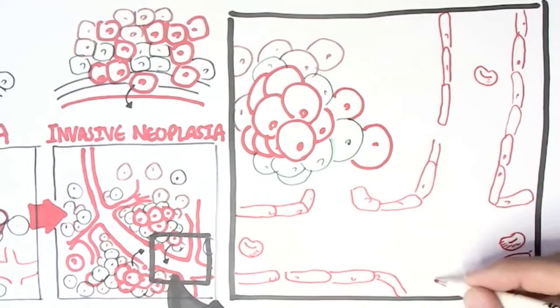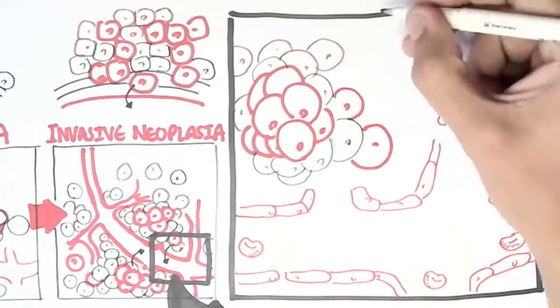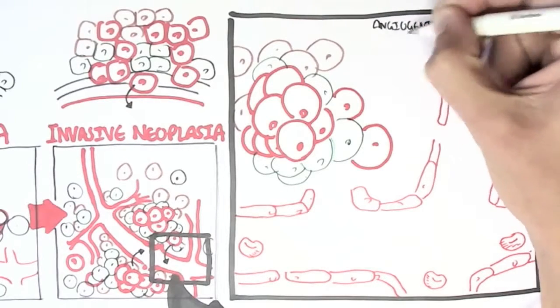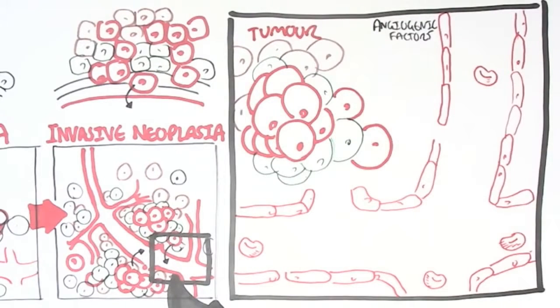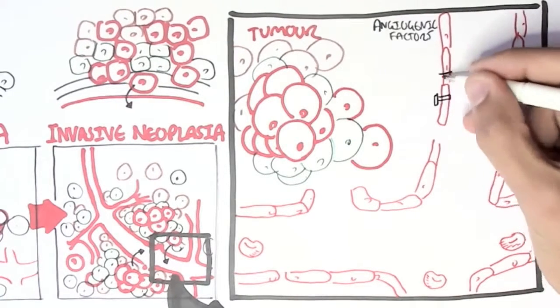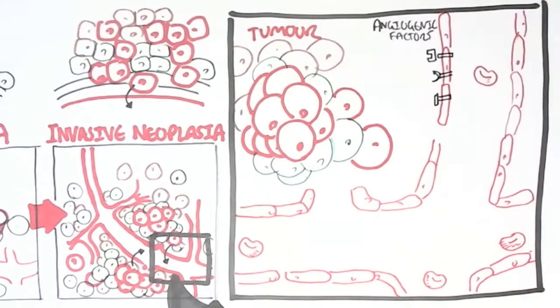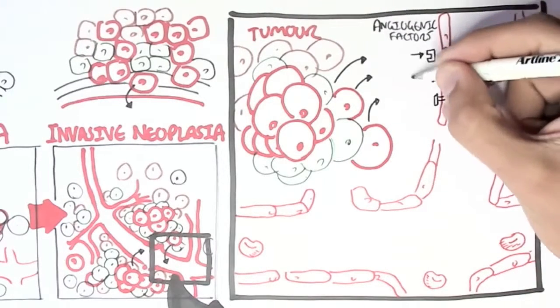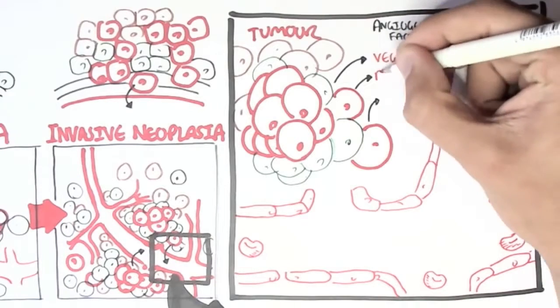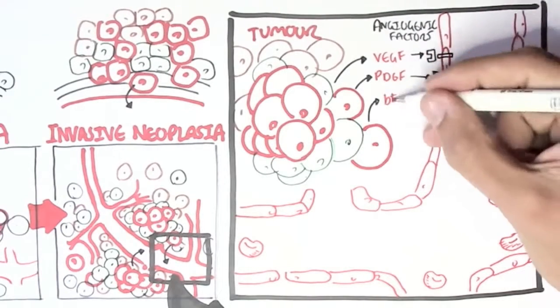Now, these cancer cells, this tumor, this neoplasia, secrete what are called angiogenic factors. On the epithelial cells of the blood vessels, you have receptors for these angiogenic factors. The angiogenic factors that are secreted include VEGF, PDGF, and BFGF.